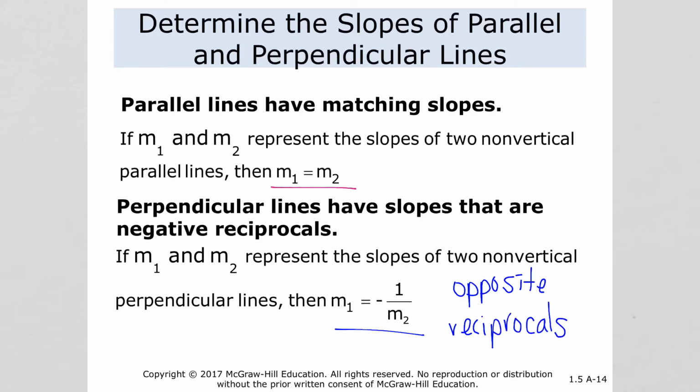Okay, so what that means is opposite, meaning if the original slope is positive, then the perpendicular is going to be negative, or if the original is negative, the perpendicular is going to be positive. And reciprocal means you flip the fraction. So m over 1 would become 1 over m.